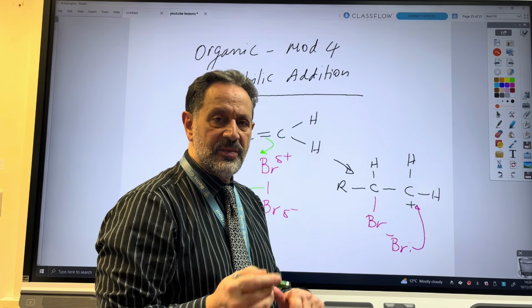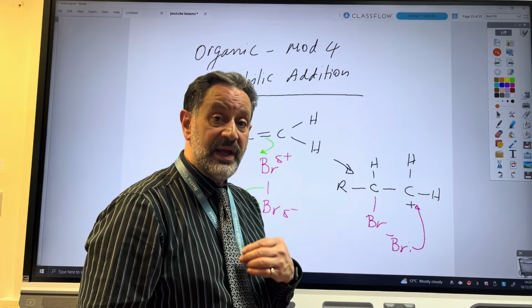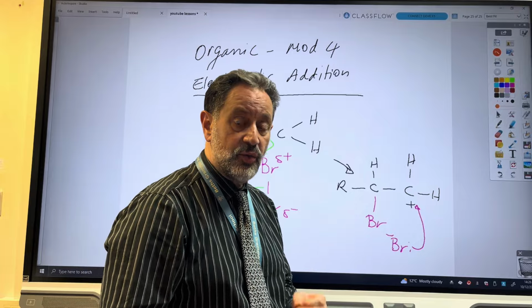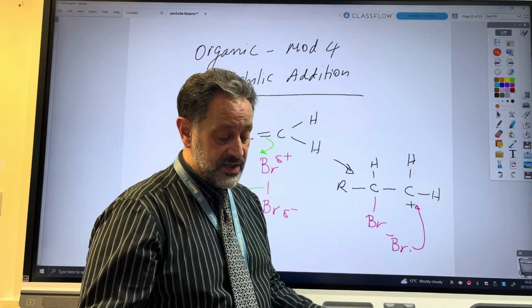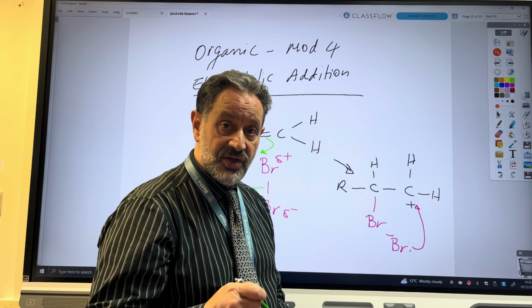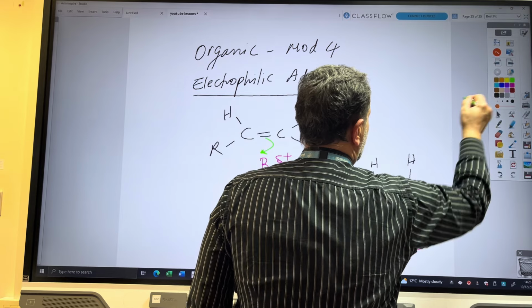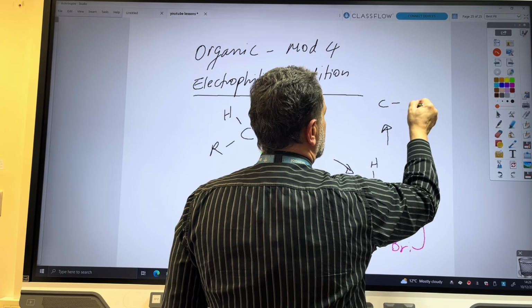Now you can take them from the negative charge as well, but you cannot draw them from anywhere else. Arrows come from where electrons are to where they are going to. Are they making a bond or breaking a bond? They must come from where the electrons are. And then of course, you end up with a dibromo compound.